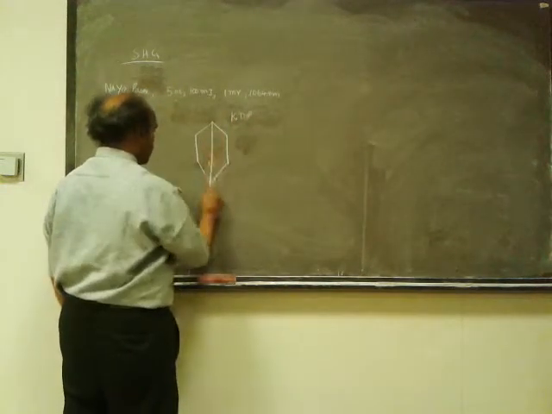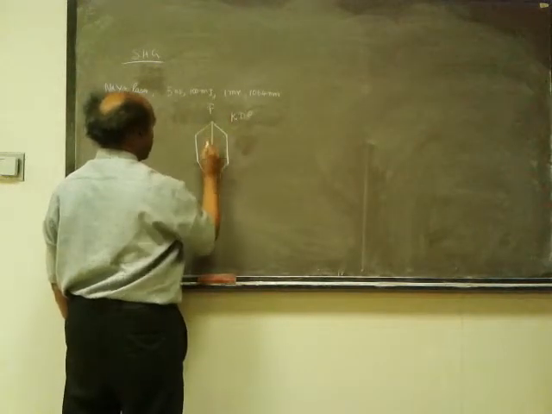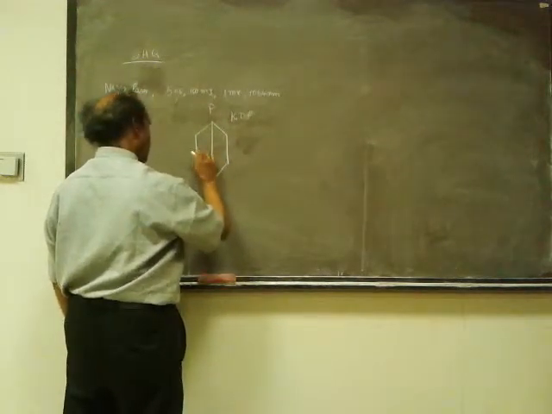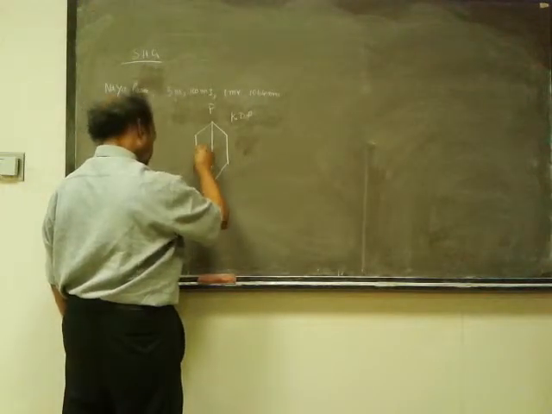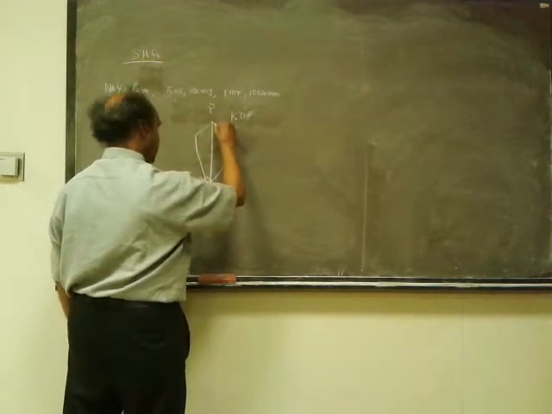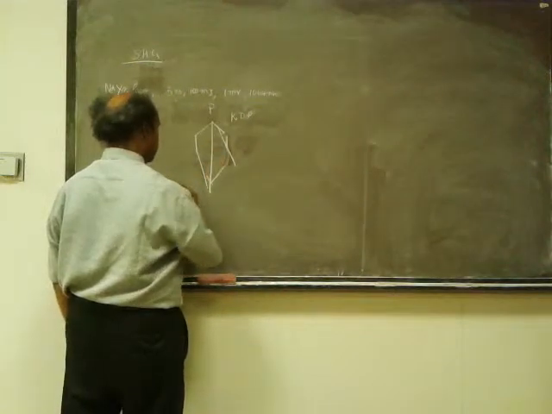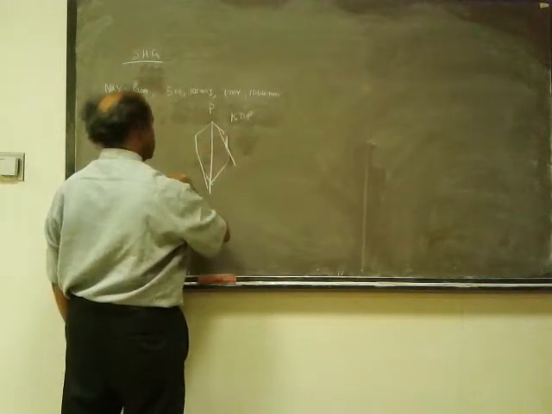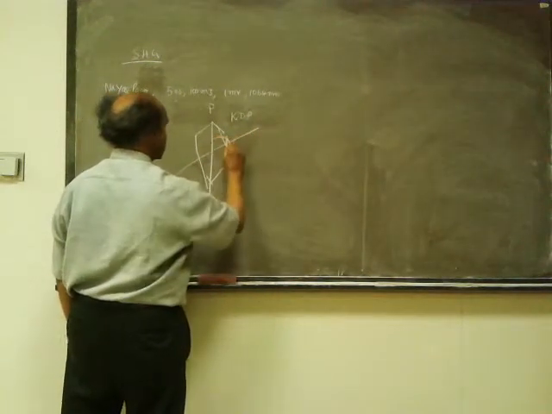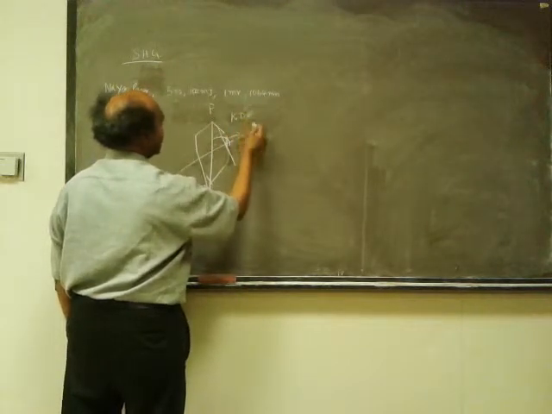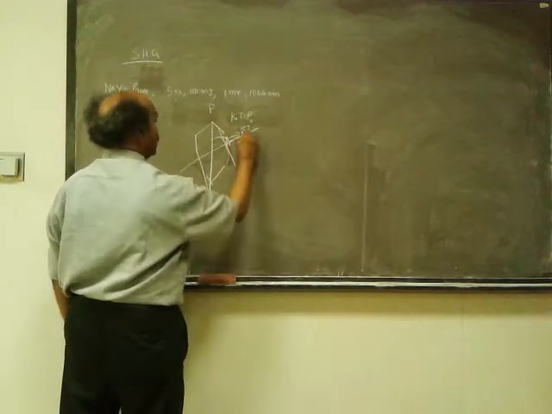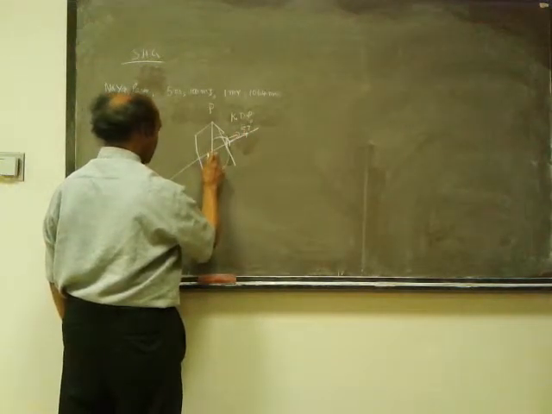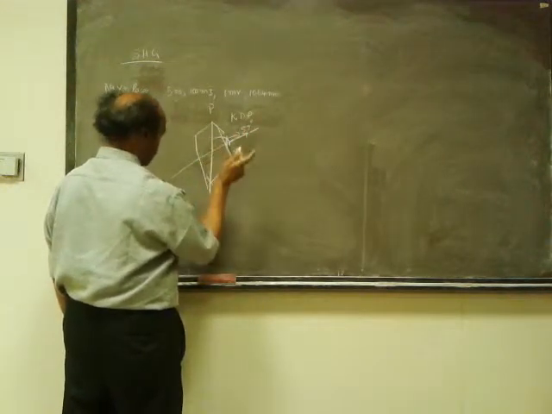This is the optic axis, and this is the way it is all done. I cut it like this, and then if I send the laser beam like this, such that this angle is about 57 degrees approximately, this is the phase matching angle for harmonic generation.